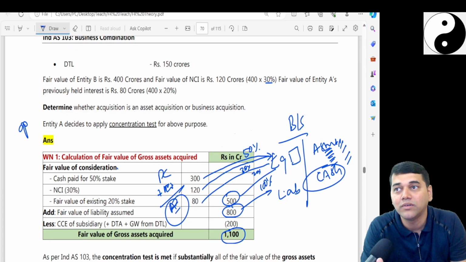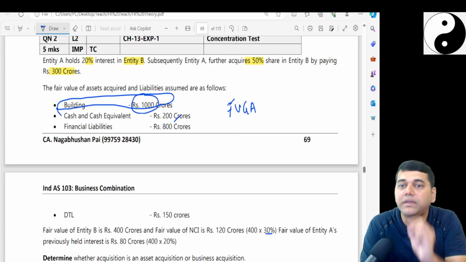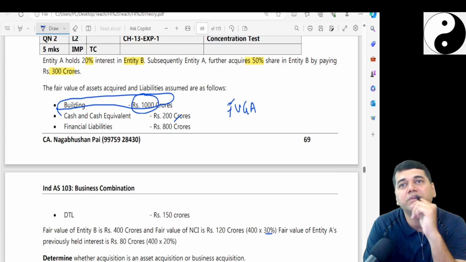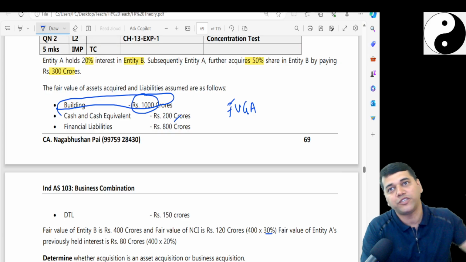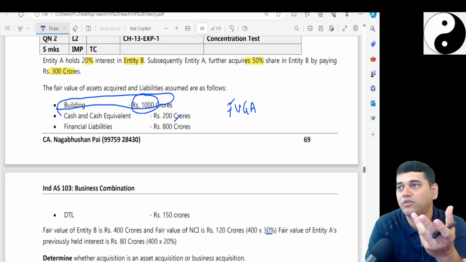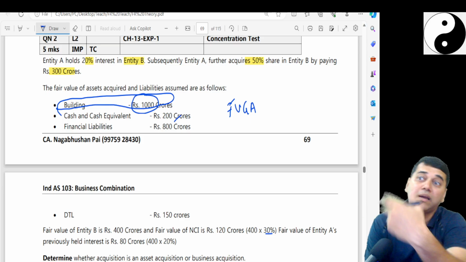If we see the breakup, I see that the majority of this revolves around the building. So my objective was to acquire the building, not your business, because your building is located in a prime location and I want to shift my business there. I want to stop your business. Whatever business you are doing, I am uninterested, because I can earn more by my own business.